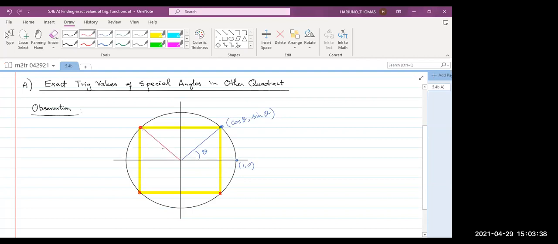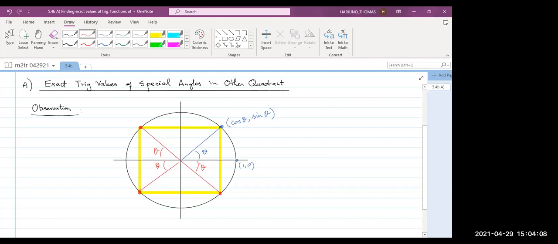This is theta also. This is theta also. And this is also theta, right? They have the same reference angle.